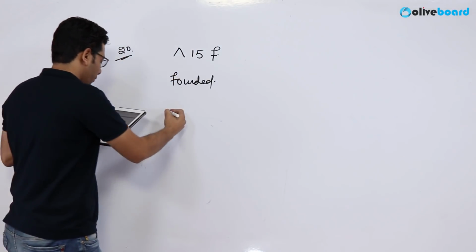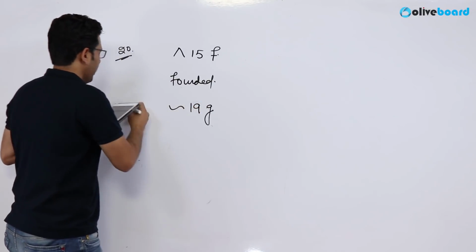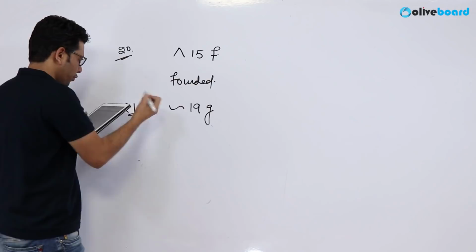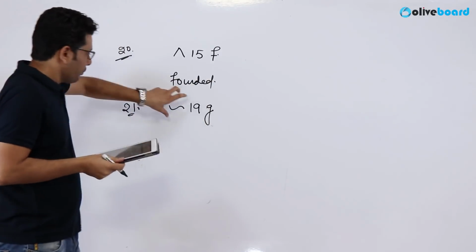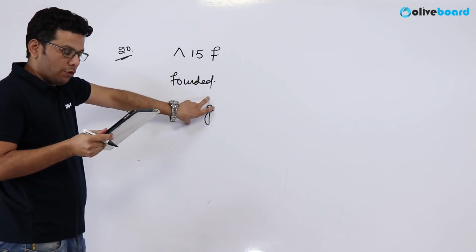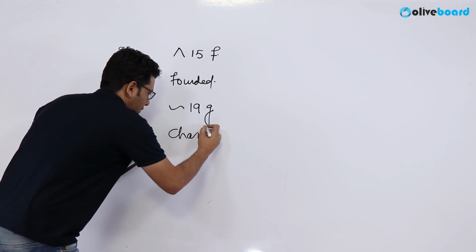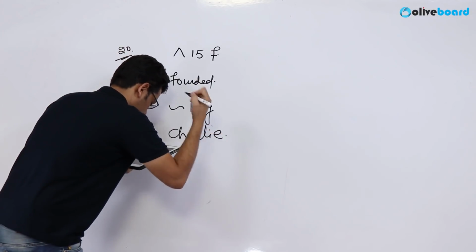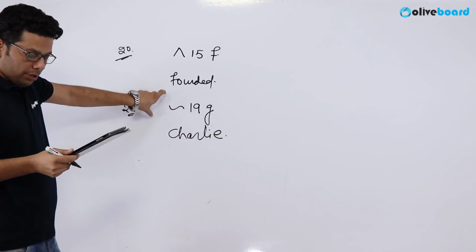What is the code for this thing? If you have the same kind of pattern here also, then you will get that this is the code for Charlie.